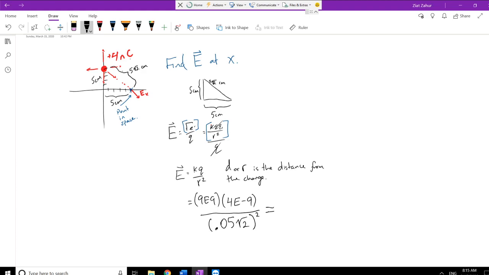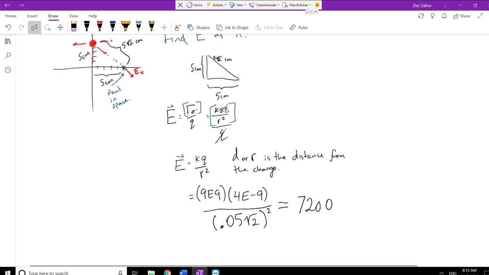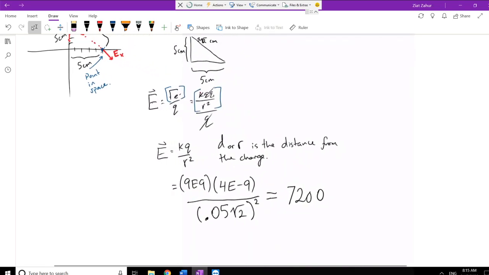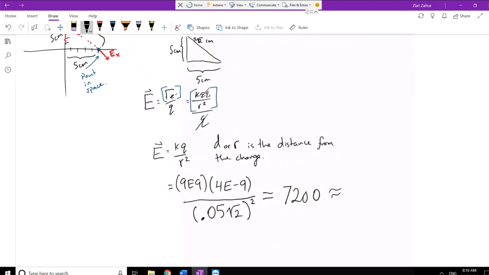Okay, and what do we get? I got something kind of big. 7,200. Now I kind of skipped out on sig figs. It looks like everything is 1 sig fig, so we can say that it's roughly 7,000.